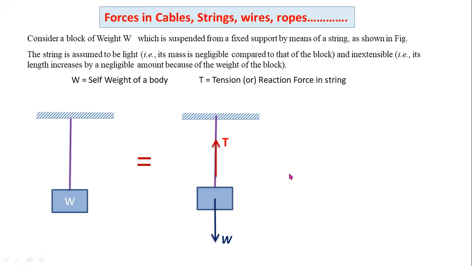So in this situation you have to consider the vertical downward force as the self weight and the vertical opposite tensile force capital T. T is the tensile or tension or reaction force developed in the string. This is the force diagram.